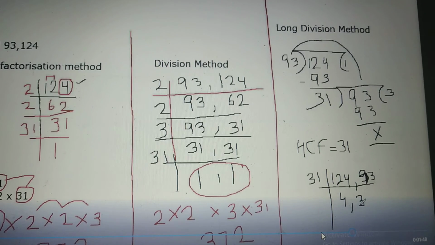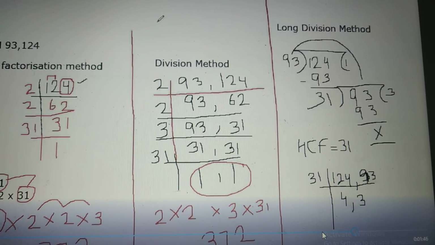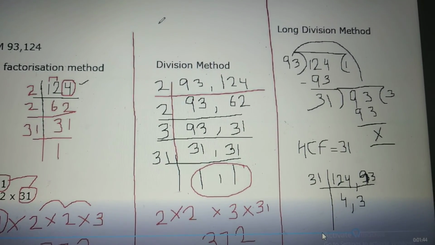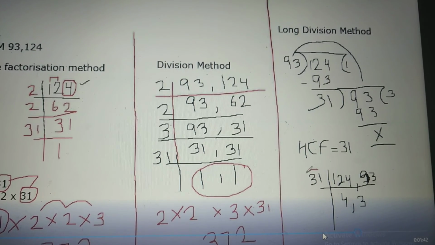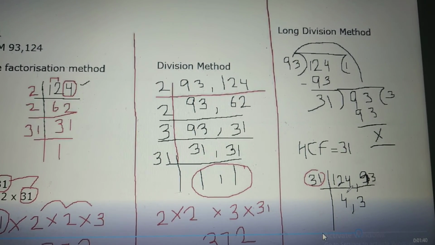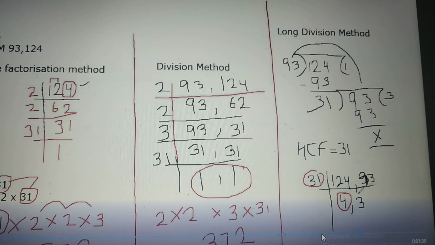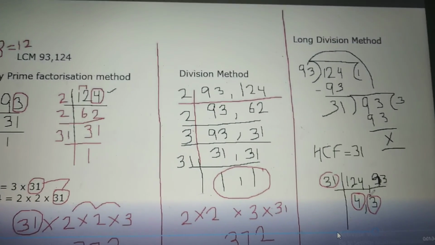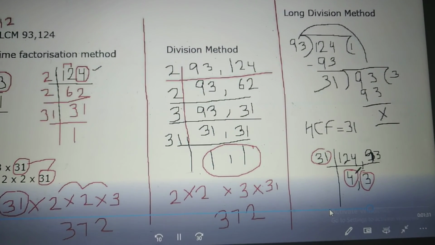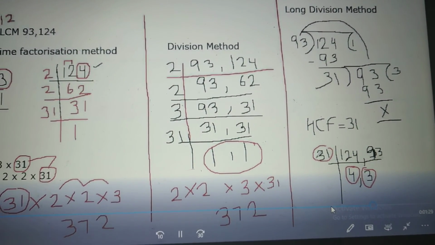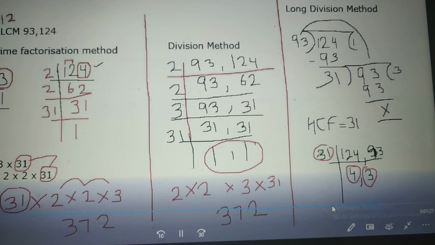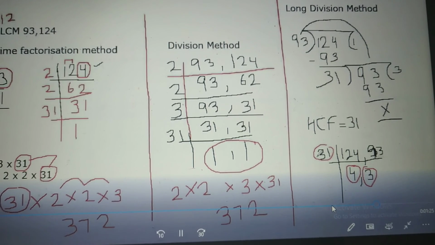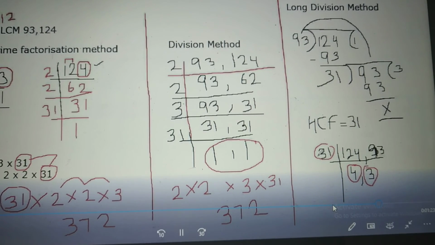Now look, the numbers left are 31, 4 and 3. All of these are co-prime numbers. Co-prime numbers are those which do not have any common factor. Look, 3, 4 and 31 do not come together in any table. So they are co-prime numbers.